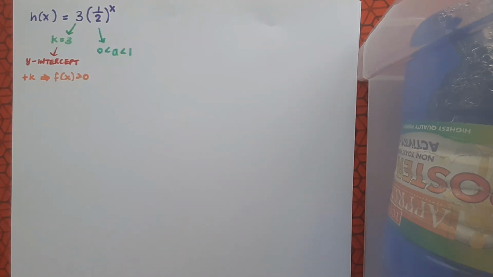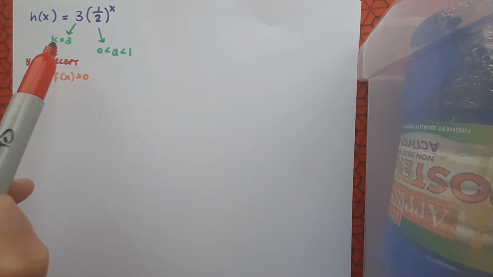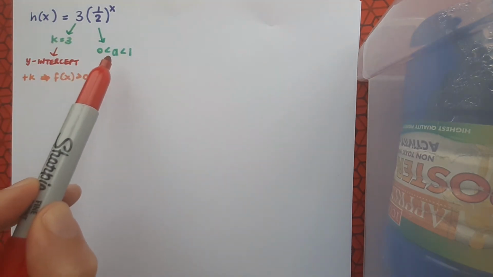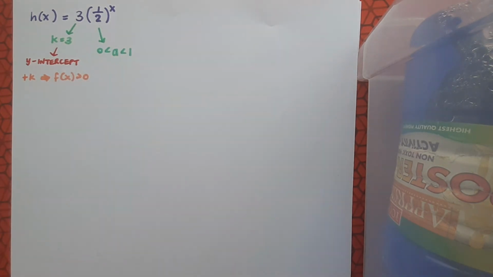This time I note that my a value isn't greater than 1. It's between 0 and 1. And the default setting for this is that it means the function is decreasing. I just have to watch out, is there any interference from the k? The k is positive, so that won't affect it. Okay, so I can say that when a is between 0 and 1, my function is decreasing. This means the function is sloping down.